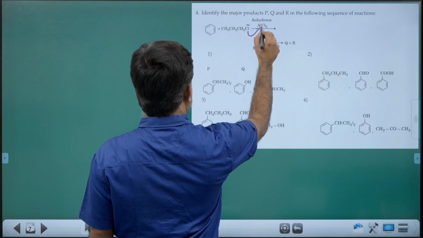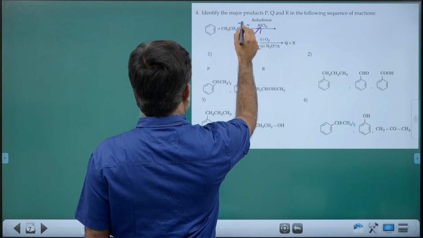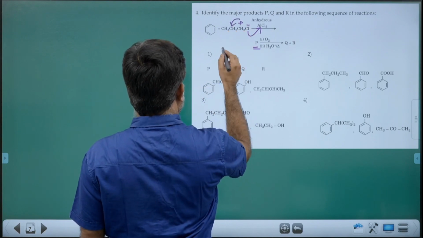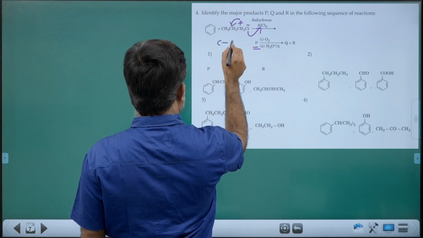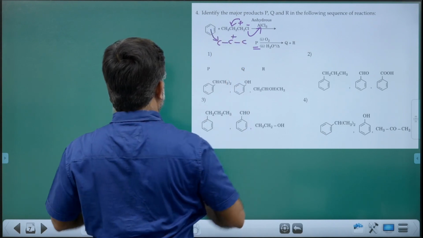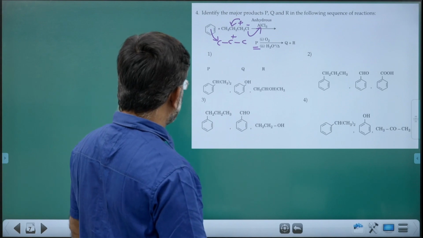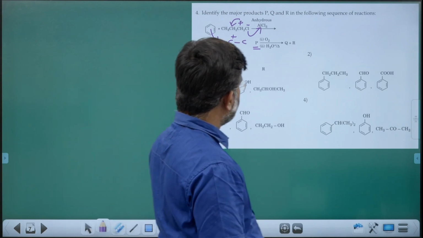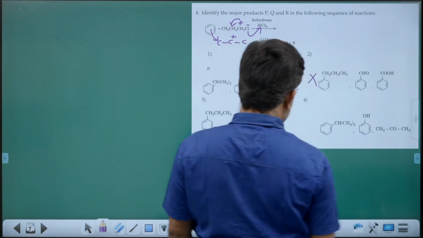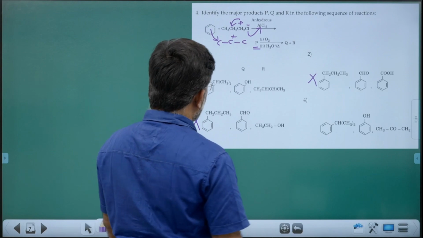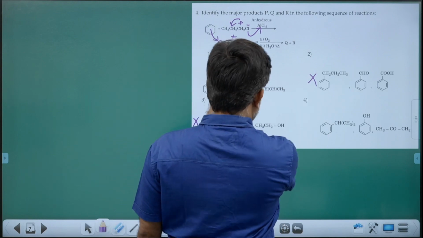Cl minus is withdrawn by AlCl3 and you get a carbocation which will shift to the second position, giving a secondary carbocation. This secondary carbocation is attacked by benzene. You are getting cumene. So you have cumene P here.